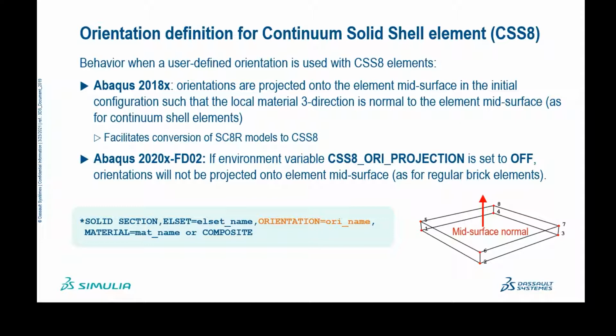In geometrically nonlinear analysis, the local direction rotates with the average material rotation at each material point, the same as for other solid elements pretty much. If the element undergoes significant transverse shear deformation, the local three-direction will no longer remain normal to the element mid-surface.